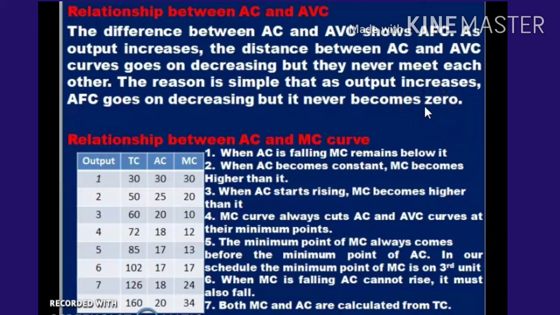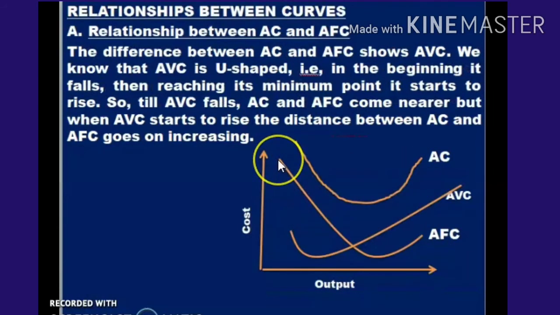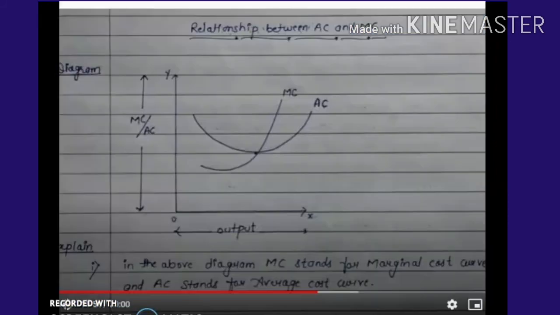You can see in this curve that as output increases, the AFC curve goes on decreasing. That is, the average fixed cost that we have been spending goes on decreasing.